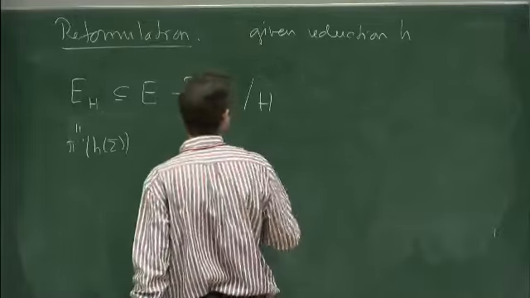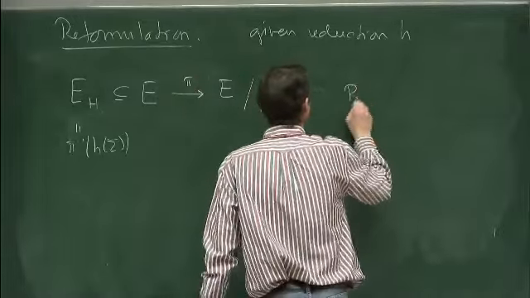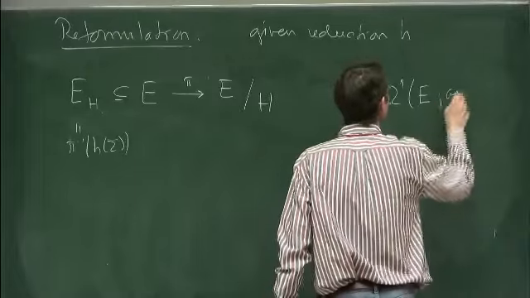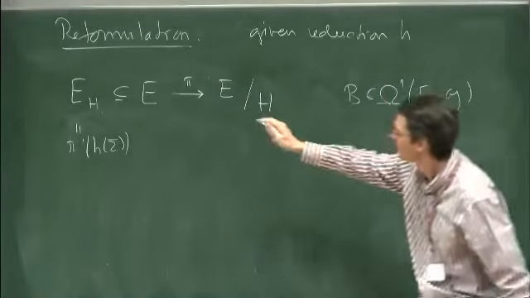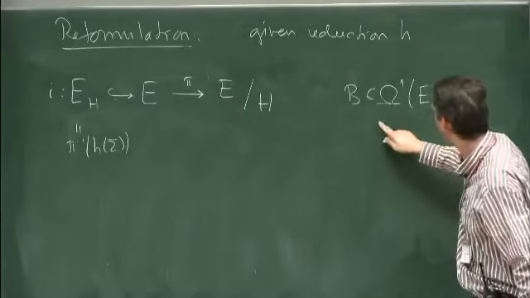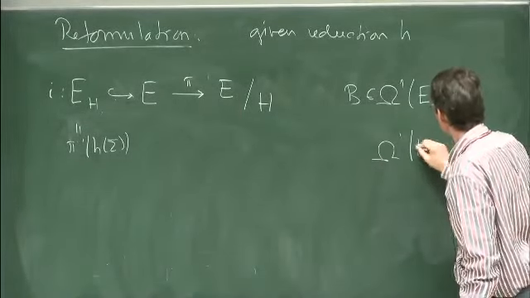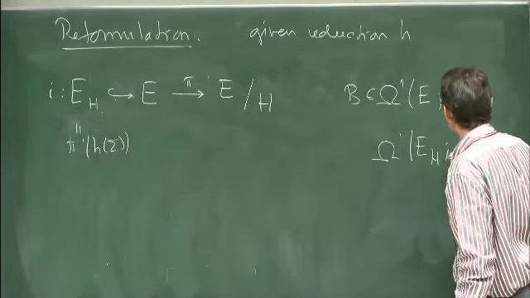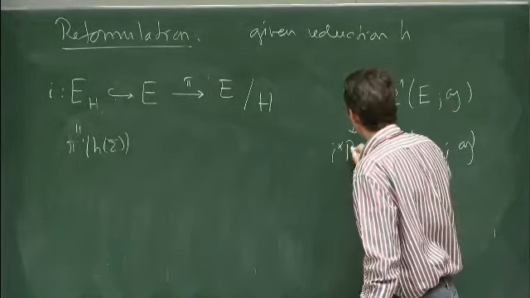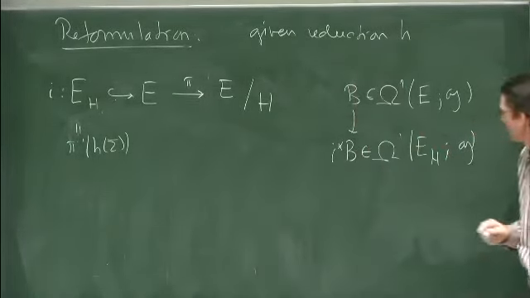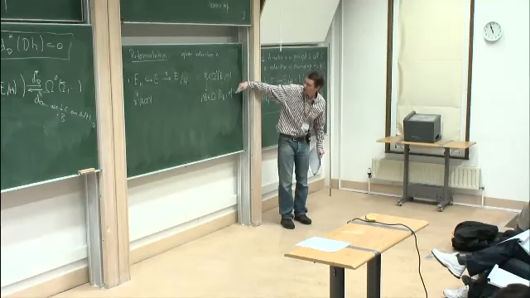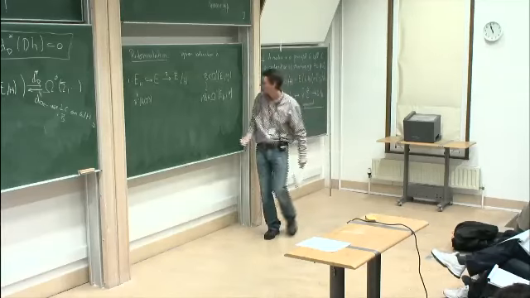Now remember that our connection B here is a one form on E with values in the Lie algebra, so we can just call the inclusion i. We can pull this one form back to one forms on E_H with values in g. So we take i star of B, which lives in here. Then let's look separately at the parts that take values in h, the Lie algebra of the maximal compact, and this complement m.